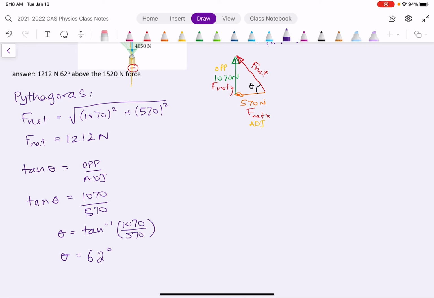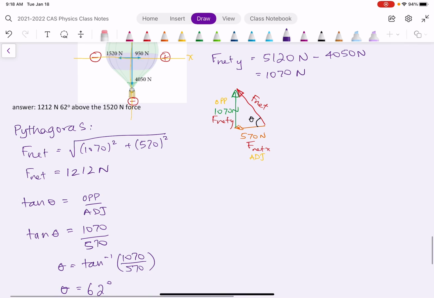So how do we put this all together? We can see this angle, the way the answer was given, it says above the 1520 Newton force. I mean, that's one way to put it. You could say the answer is F net is 1212 newtons, and you could say left 62 degrees up.